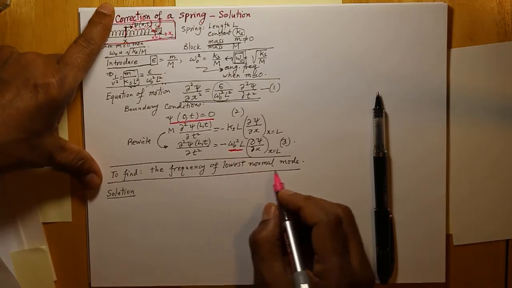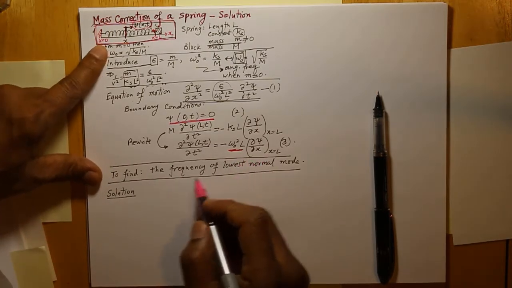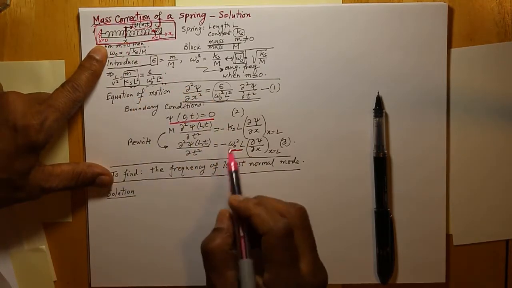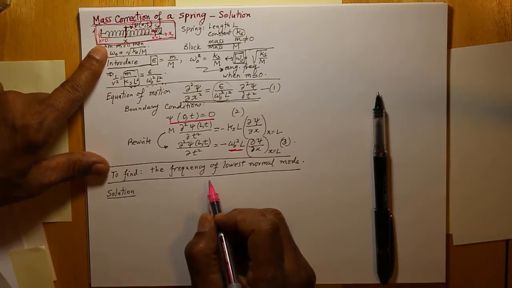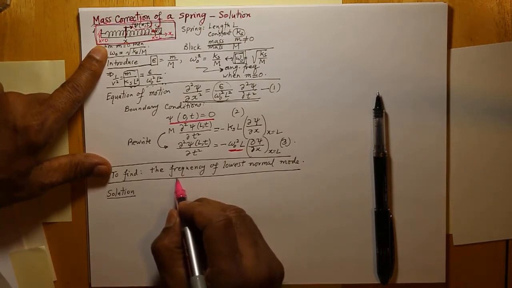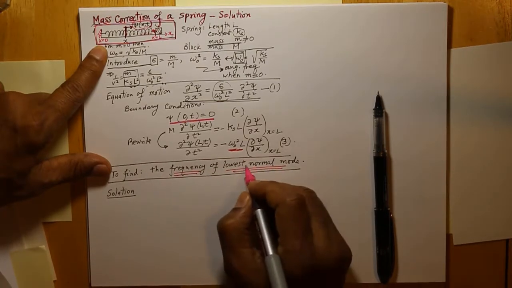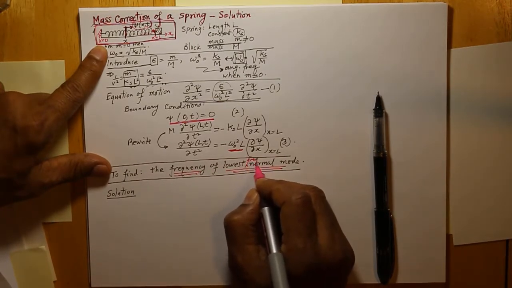What are we looking for? Because this is a continuous mass distributed system, we're going to have an infinite number of normal modes. But we are looking for the lowest frequency normal mode.